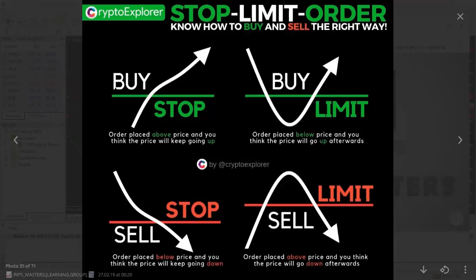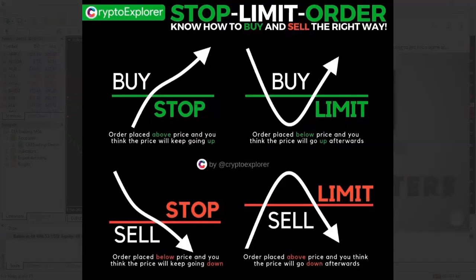I'll tell you to focus more on the buy stop and sell stop. Buy limit and sell limit we'll cover afterwards, but what I'll tell you is to focus on the buy stop and sell stop. So this image is from the Pips Masters Learning Group. Okay, you can get the image, but I'll send the image.